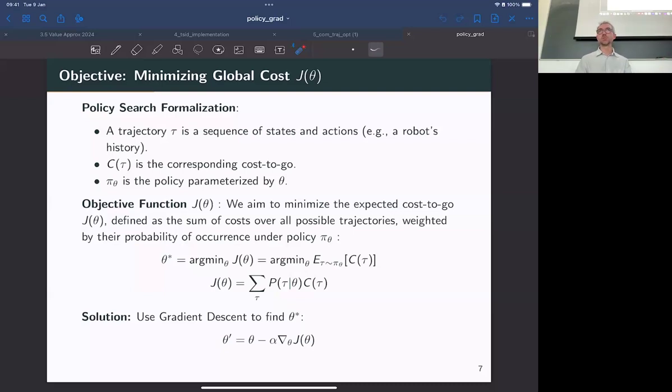It may be computationally heavy, we can discuss that later. But if we have the gradient of that cost, we have a method to find a local solution, because that's what gradient descent does. So our objective for the next half an hour is going to be to figure out how we can compute the gradient of this.